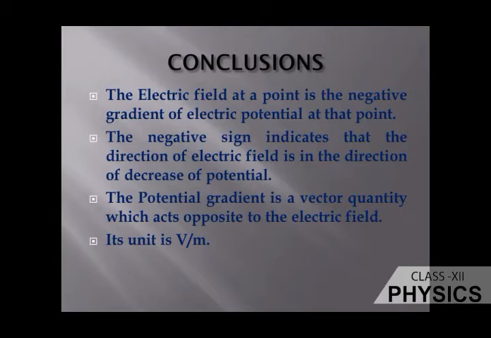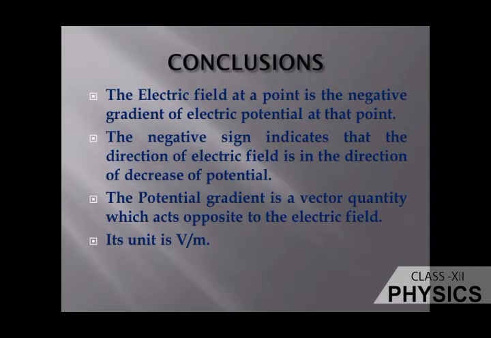Number 2, what is the significance of negative sign? The negative sign shows that the direction of electric field is in the direction of decrease of potential. Once again, it's a very important concept. The negative sign clearly says that the direction of electric field will be in the direction of decrease of potential.